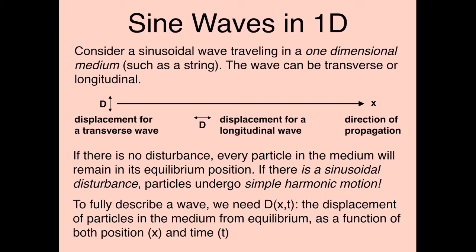On the other hand, it's also going to be a function of time, because if you look at a fixed position, the displacement might be changing over time. And in fact, if it's oscillating up and down at a particular position, then of course your displacement is also changing over time. So what we need is this function: how does our displacement depend on x, position, and t, time?